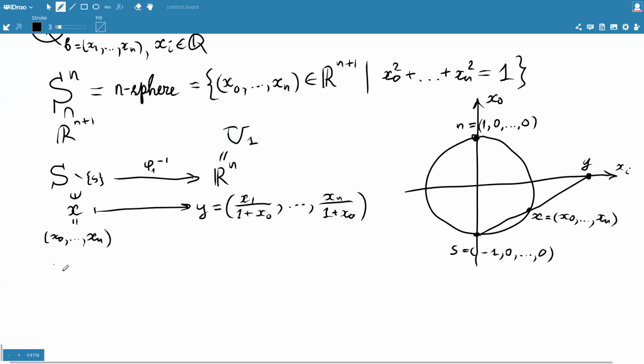The second chart is given by S minus the North Pole.